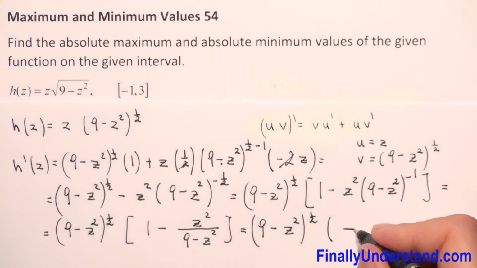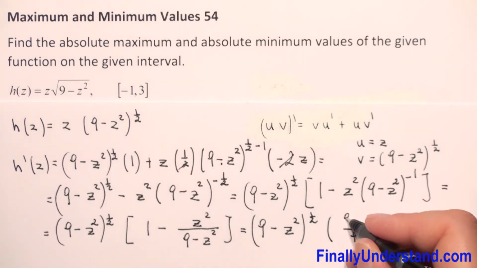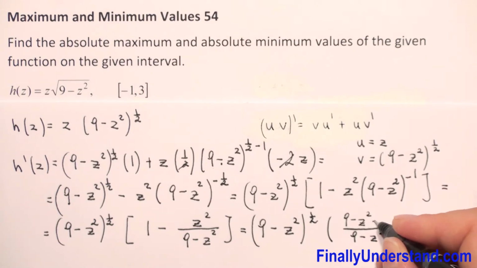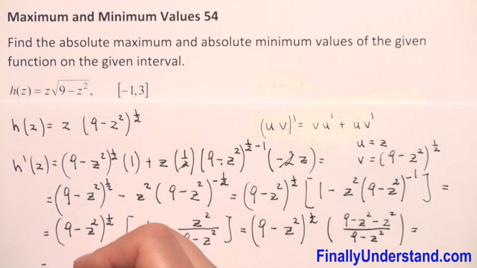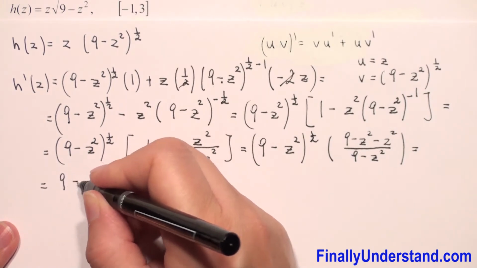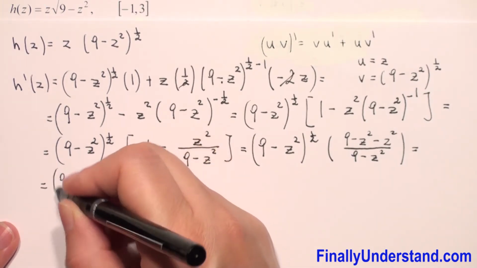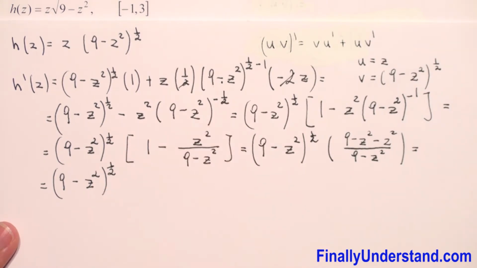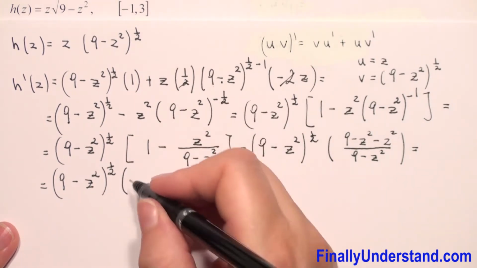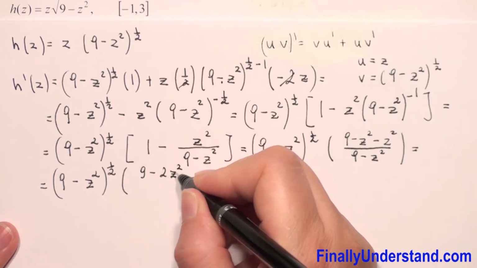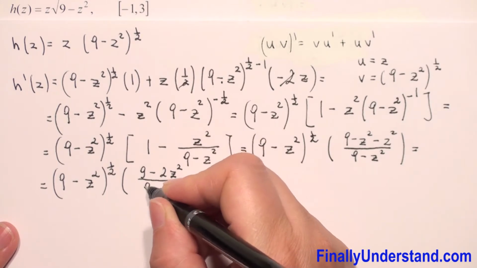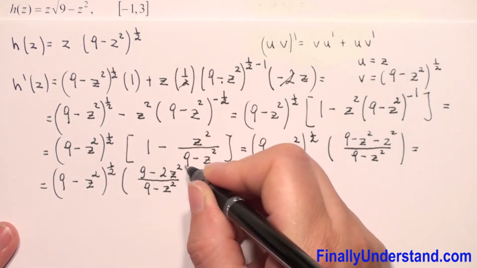So the same denominator will be 9 minus z squared, and here will be 9 minus z squared minus z squared. Close parentheses, this is equal (9 minus z squared) to the power 1/2 times (9 minus 2z squared) over (9 minus z squared).